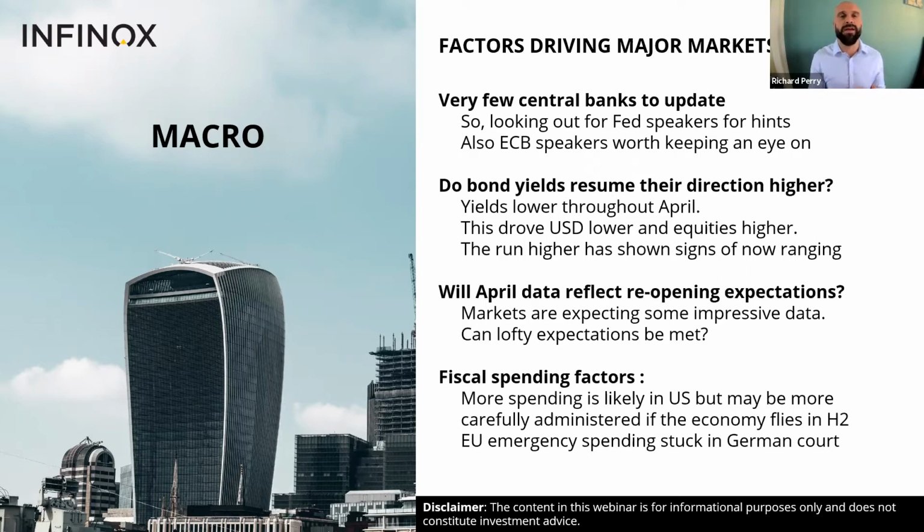So Q2 is now going to be seeing where we see that April data affected by that relieving of the restrictions on the lockdown. And if that starts to also come through the Eurozone as well, it'll be interesting to see how that plays out. But how the US and UK data compares to Eurozone data will be an interesting factor of April as well. Markets are expecting quite a significant bounce back.